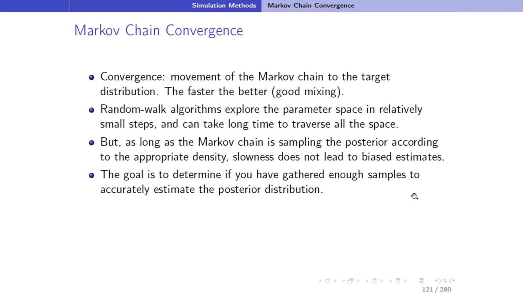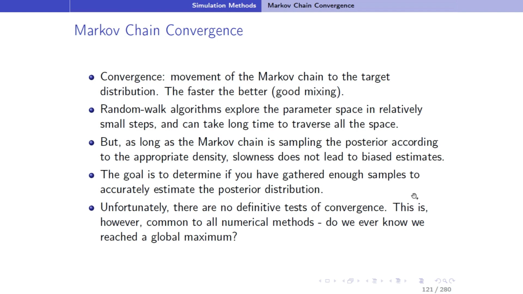So the goal is to determine if you have gathered enough samples to accurately estimate the distribution. Unfortunately, there's really no definitive test of convergence. But that's more or less true of all numerical methods. For example, we never know we've reached a global maximum; it just stabilizes computationally.